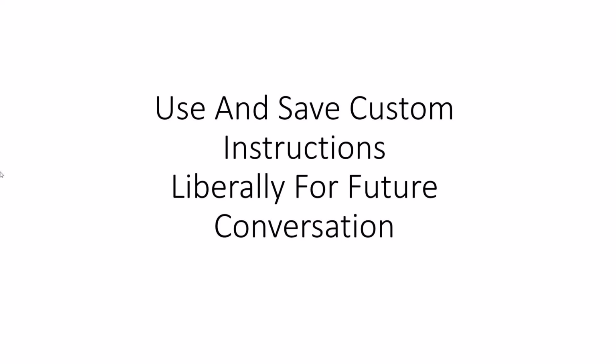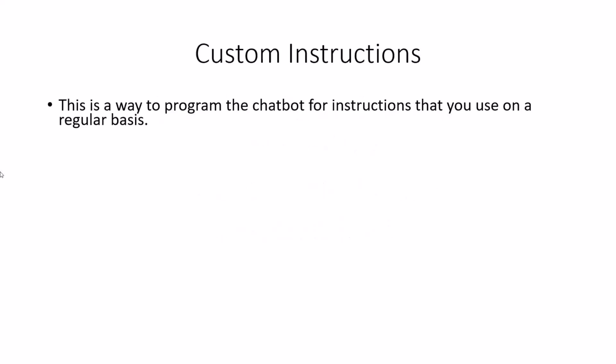This is a way of programming the chatbot for instructions that you use on a regular basis. So if you are always telling the chatbot, this is what I do for my business, or here's what I want to do in this section, and you find yourself saying that over and over again in different conversations, you want to make sure you create a conversation with those custom instructions.